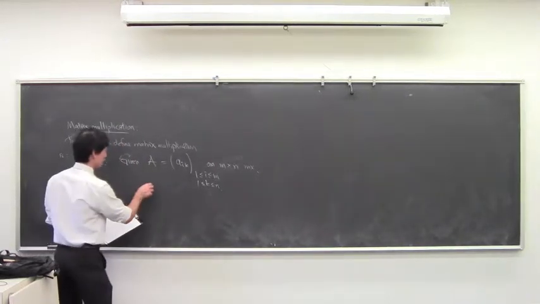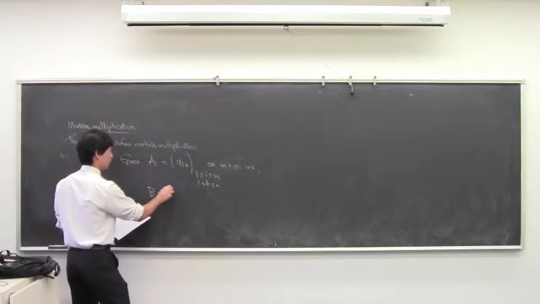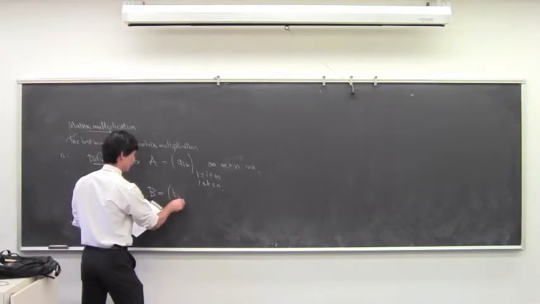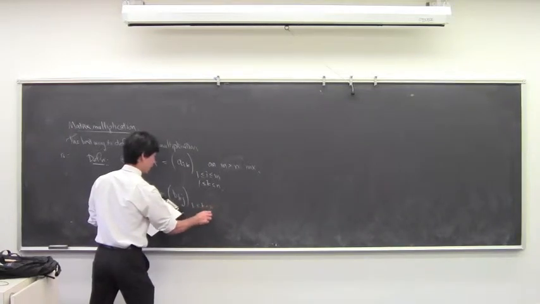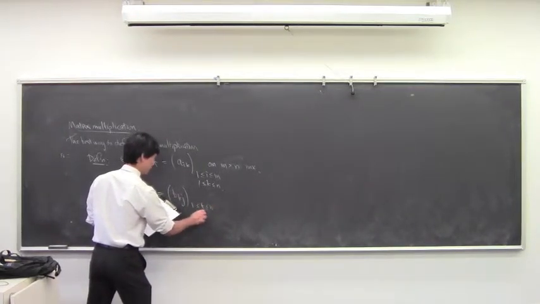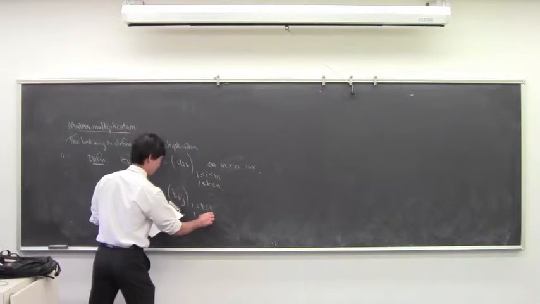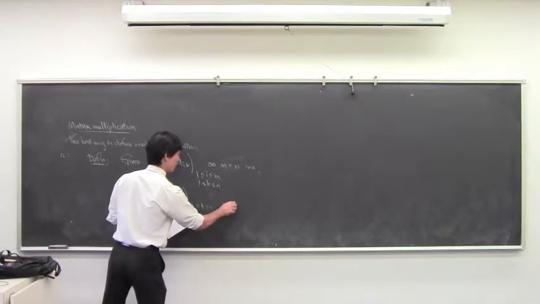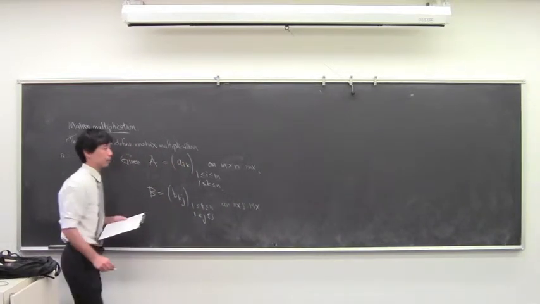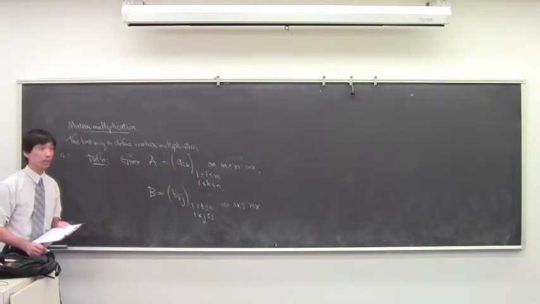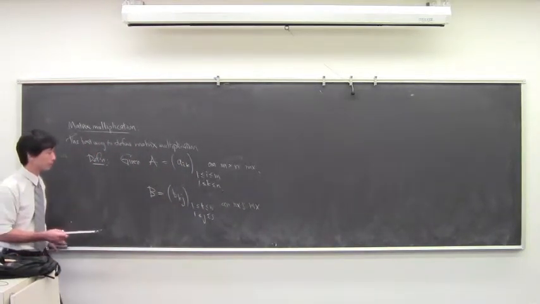And suppose you have another matrix, B, bkj, where k ranges from 1 to n, and j ranges from 1 to s. So this is an n by s matrix.